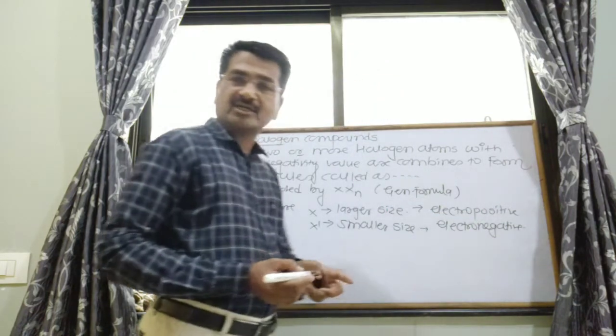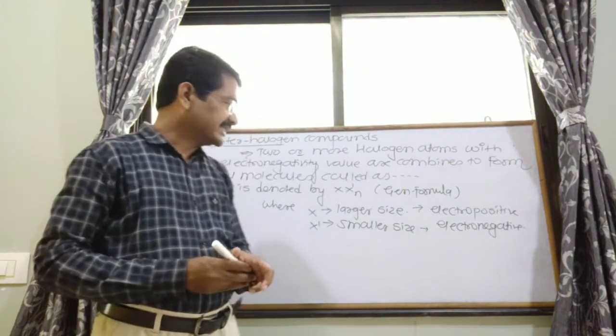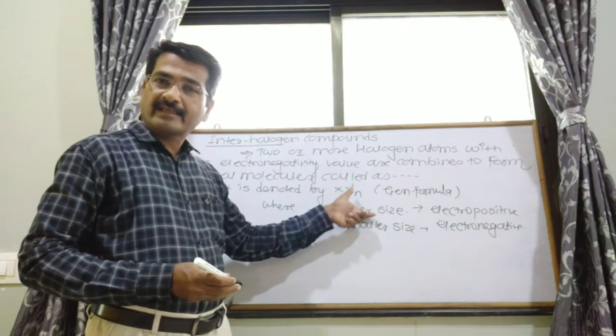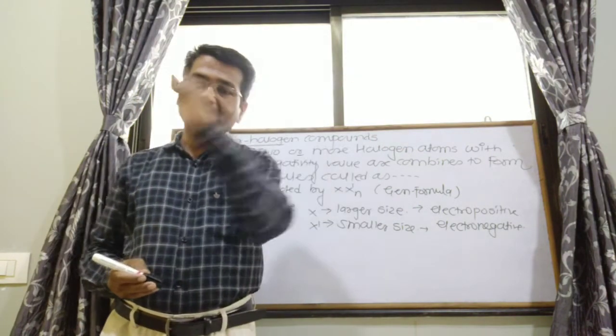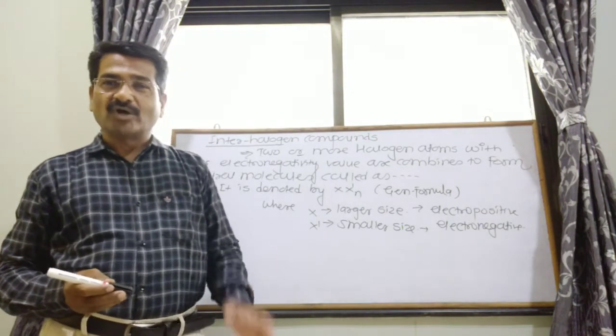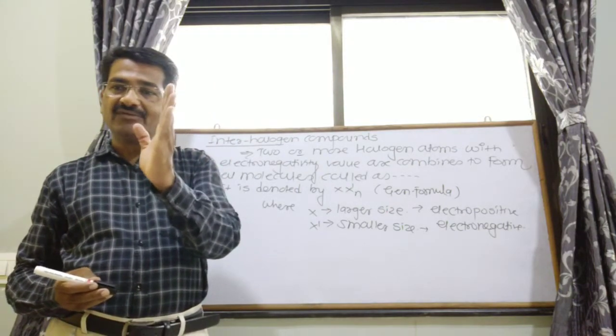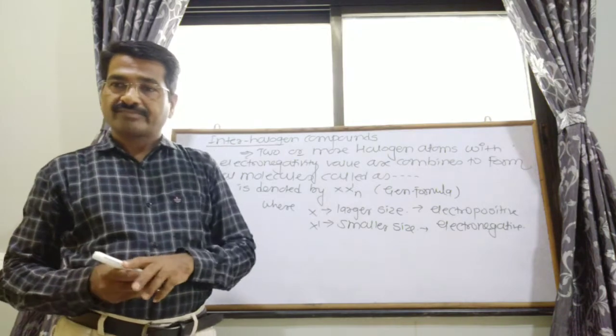This is how the electronegativity differs in these compounds. One is larger and the second is smaller. The larger is electropositive in nature and the smaller is electronegative.